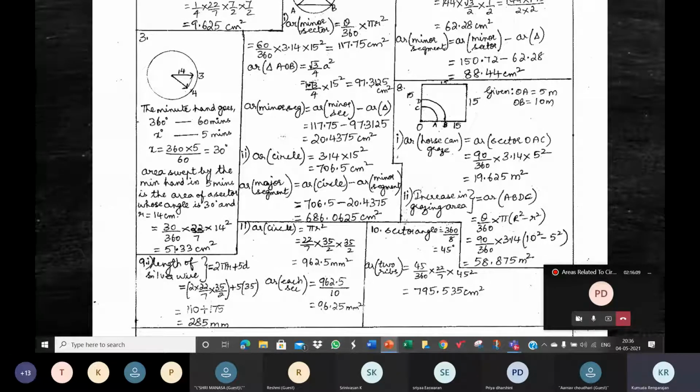So let us understand where all the wire is used. The wire is used to form the circumference of the circle. The wire is also used to make the 5 diameters in the brooch.